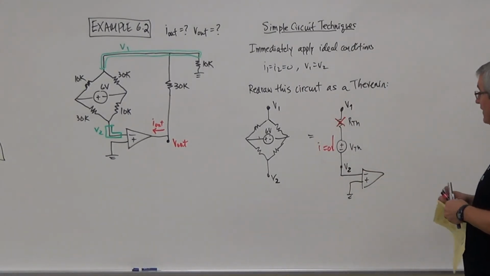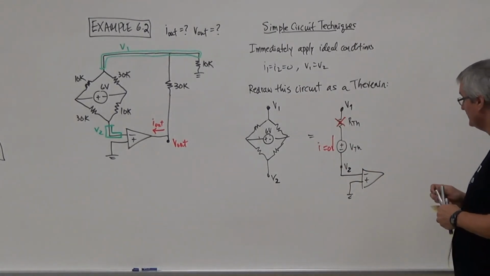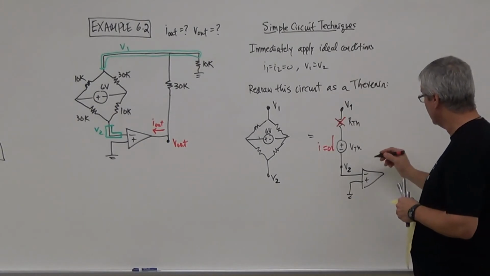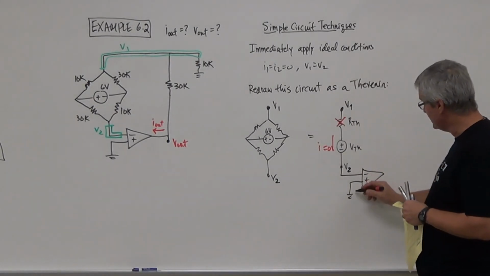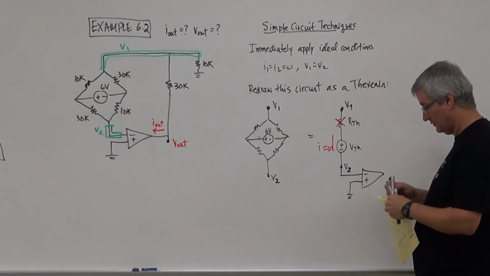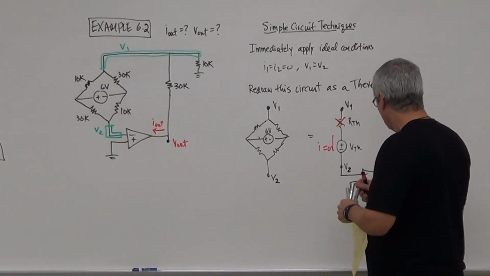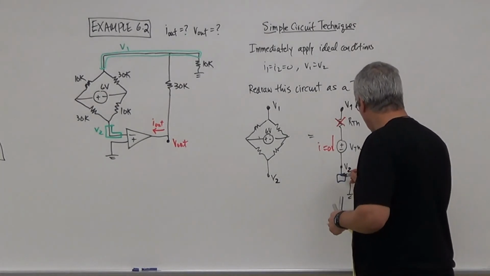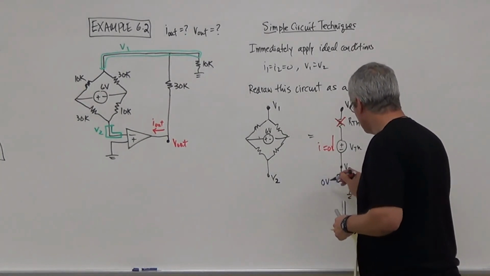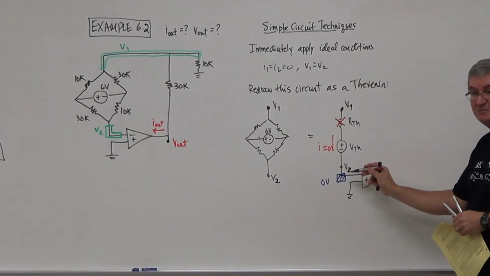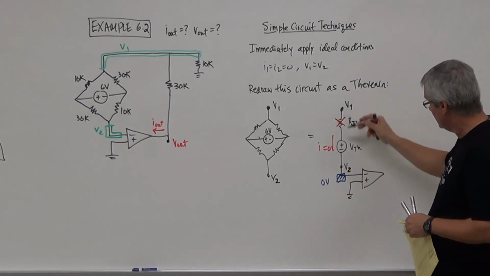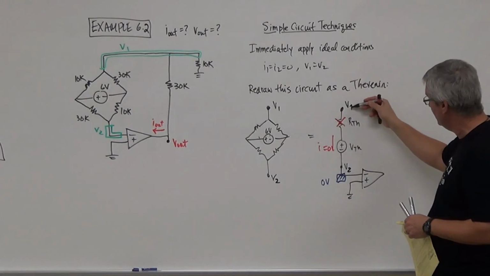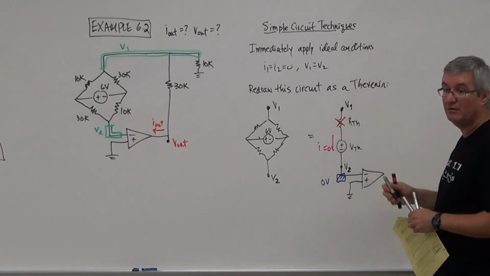Now if this node is 0 right here, this node right away has to be 0 volts, because that node and that node must be the same. So the voltage from here to here sets V1 to be RTH.